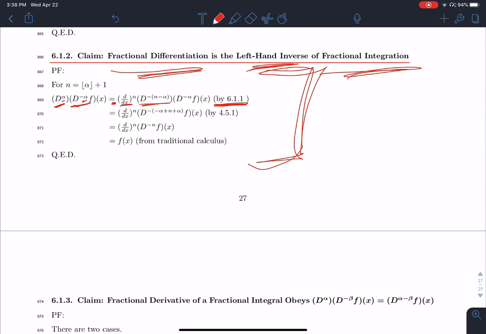So that's what I do here. And then that makes this an integral and this an integral, and we already have properties of integrals. This one is shown here that we can just add these up, so that's nice. These alphas cancel each other. We're left with this, and then we have n derivatives of an nth integral, and from traditional calculus, we know that gives us f(x), which is awesome.